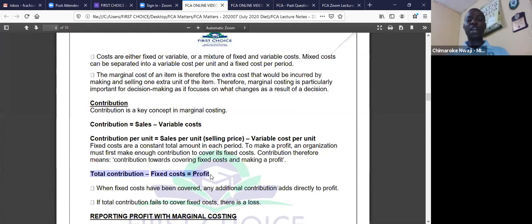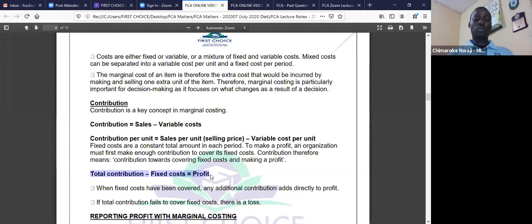If we make total contribution the subject of the formula, that means if it's standing alone, this fixed cost that is near to it will go to where the profit is. It's carrying a minus sign, so it will go to the other side to become a plus sign. So it means total contribution is equal to profit plus fixed costs.